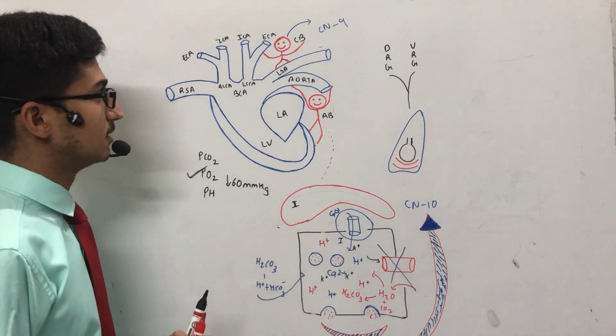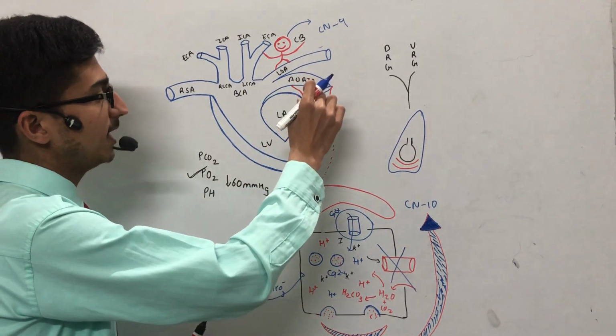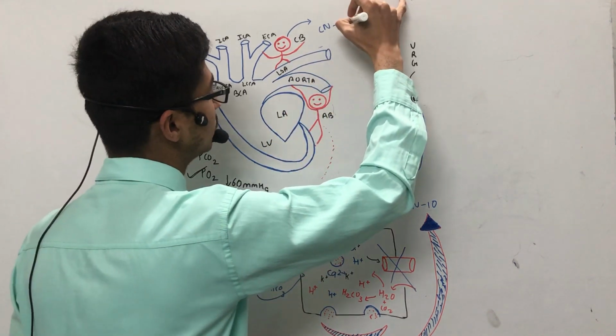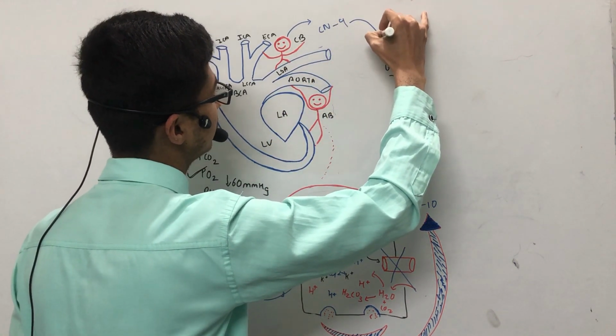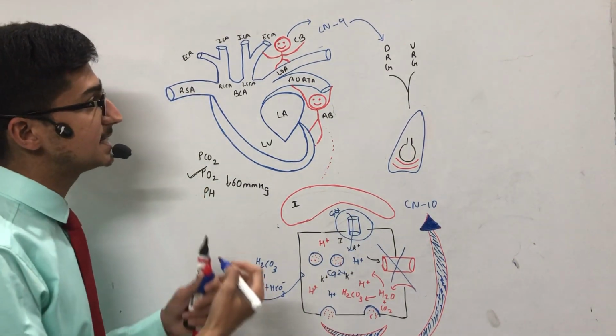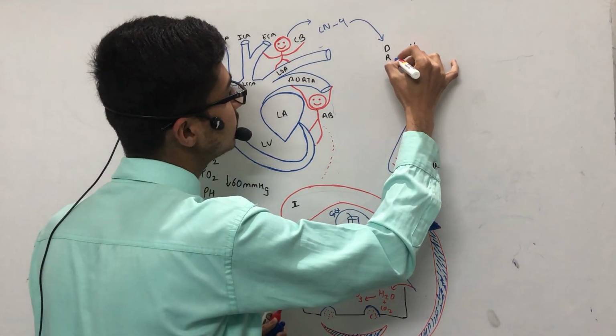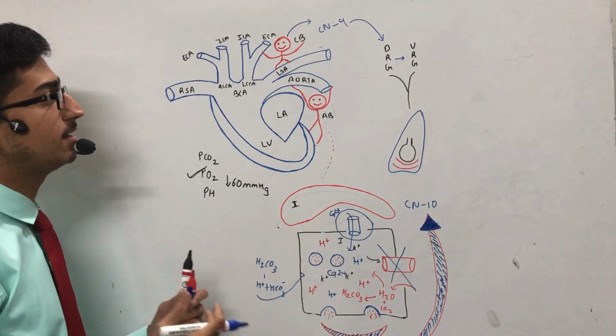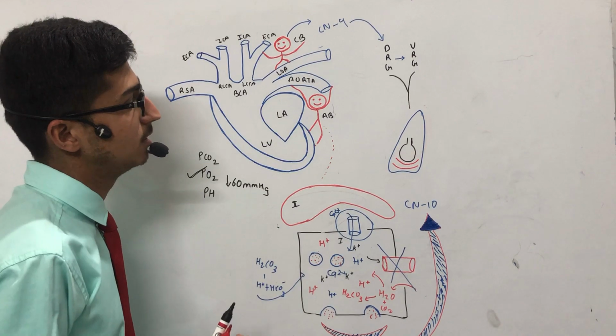Now what happens here? Cranial nerve number 10 and cranial nerve number 9 will move to the dorsal respiratory group of neurons. This DRG gets activated and it will stimulate the VRG, the ventral respiratory group of neurons.